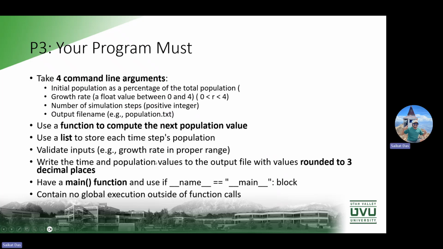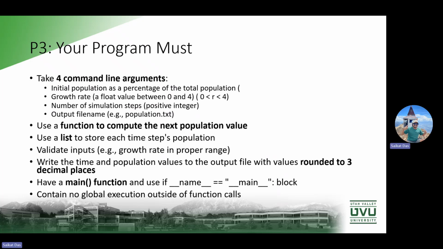Write the time and the population values to the output file with the values rounded to 2 decimal places. So you need to store that information from the 0th iteration, with the initial population, starting with 0, ending with the last one. So if the iteration is 20, the last one is 20, not 19. That means there will be iteration plus 1 items.